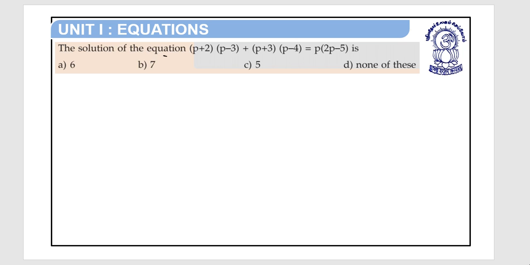Next, the solution of the equation p plus 2 into p minus 3 plus p plus 3 into p minus 4 is equal to p into 2p minus 5.